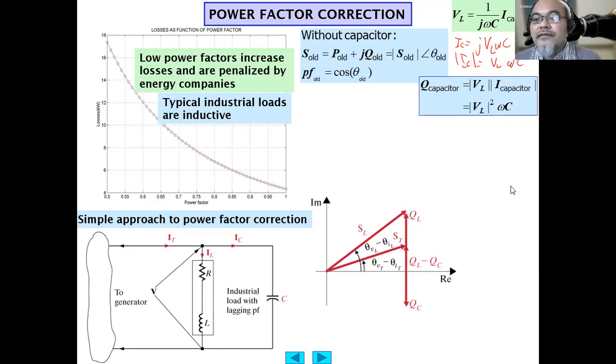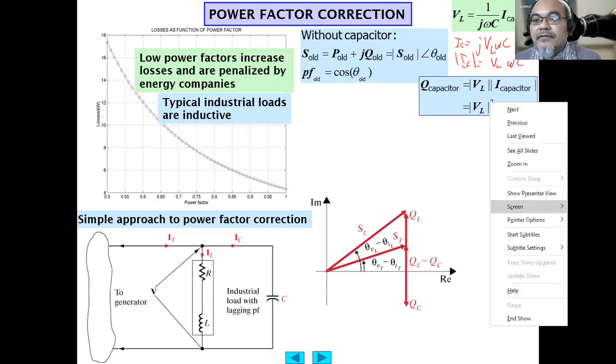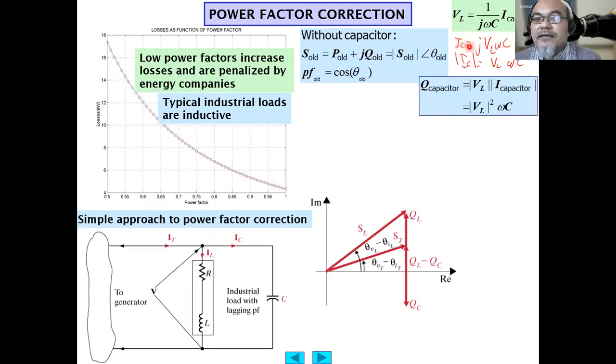So the magnitude of this current is VL omega C. Since this is j times VL omega C, the current leads the voltage by 90 degrees. Okay. So the magnitude of the reactive power of the capacitor equals the magnitude of VL times this current, which is VL squared times omega C.